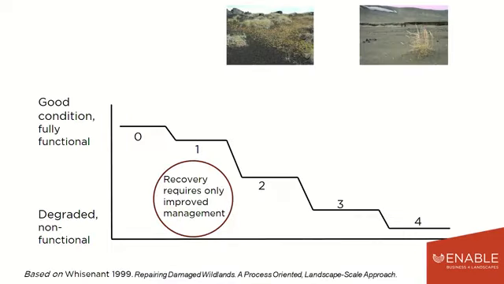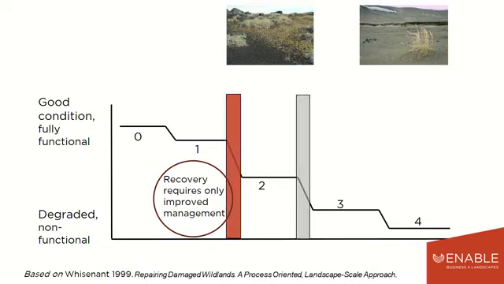If disturbance, however, exceeds the ecosystem's capacity for self-repair, even though its management is improved, the ecosystem has crossed a threshold. To enable the ecosystem recovery, we need to identify the nature of the threshold and apply interventions to overcome it.